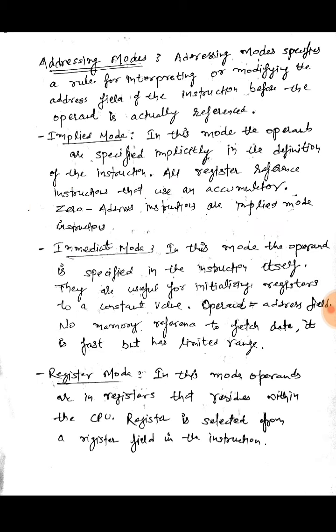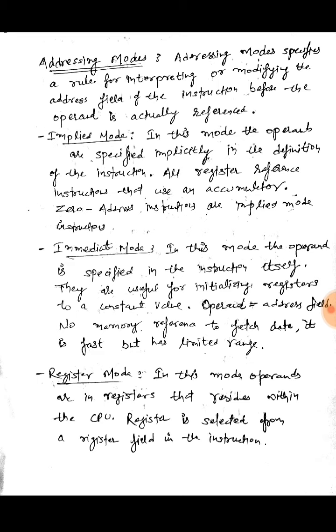So the addressing mode specifies a rule for interpreting or modifying the address field of the instruction before the operand is actually referenced. So it will be used to reference the operand.